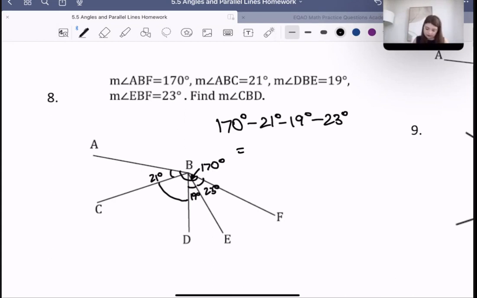All right, so 170 minus 21 minus 19 minus 23 is 107 degrees, which does seem like a pretty big portion of the 170, but that is okay because if we look at this angle compared to the other angles, it does look like it should be a lot bigger, to account for a lot more of that space there. Very good.